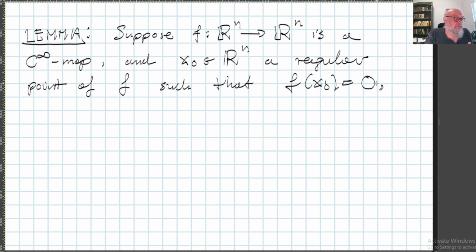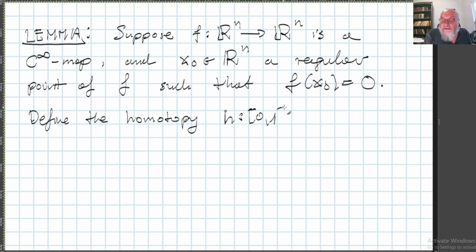Then, maybe put it like this, define the homotopy H from [0,1] times Rn to Rn, and this will be the definition.